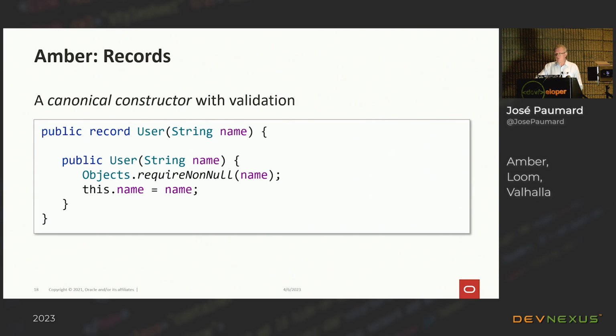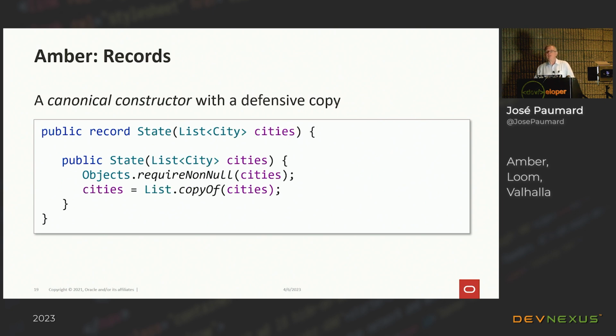So this is just validation. If it was a record with a list of cities, because a list can be mutable, and if someone keeps a reference from the outside of your record to this list, and you don't want this person to mess up with your internal state, then maybe doing a defensive copy is a good idea. So you can do that in a canonical constructor that you write yourself.